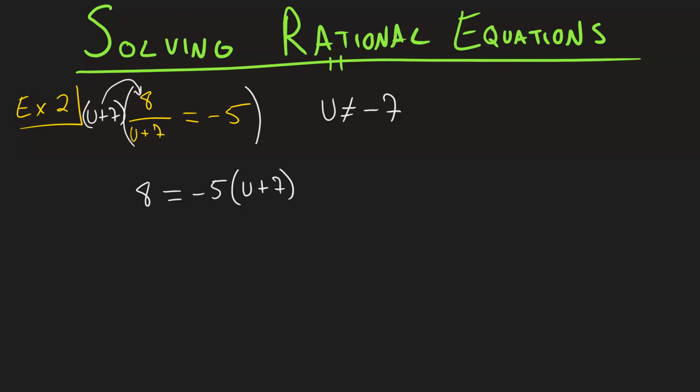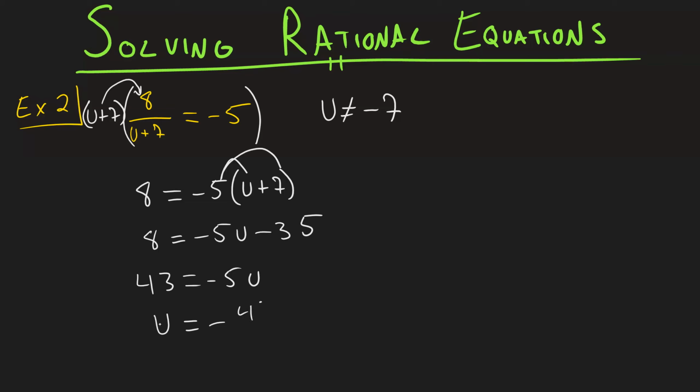I'm going to do that in this step. I'm going to go ahead and distribute out the negative 5. So 8 is equal to negative 5u minus 35. I'm going to add 35 to both sides, getting me 43 is equal to negative 5u. And finally, I will end up with u is equal to negative 43 fifths.